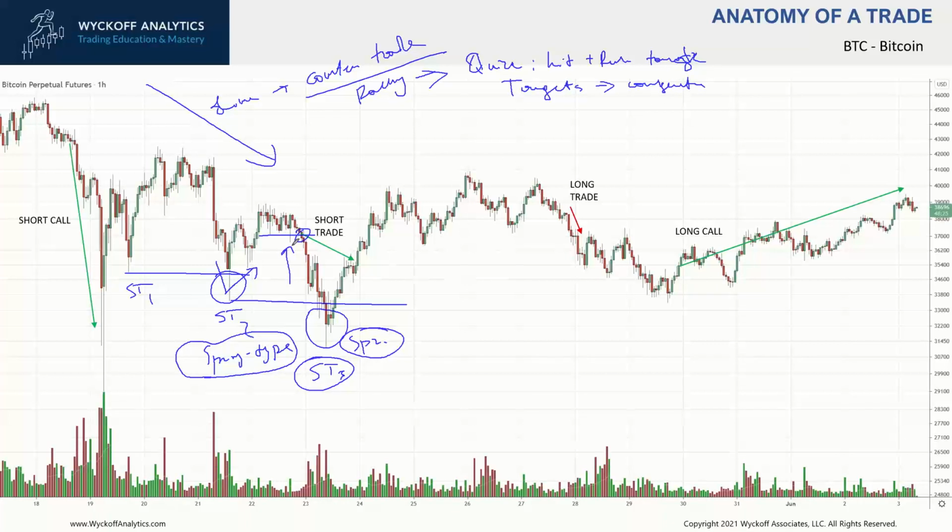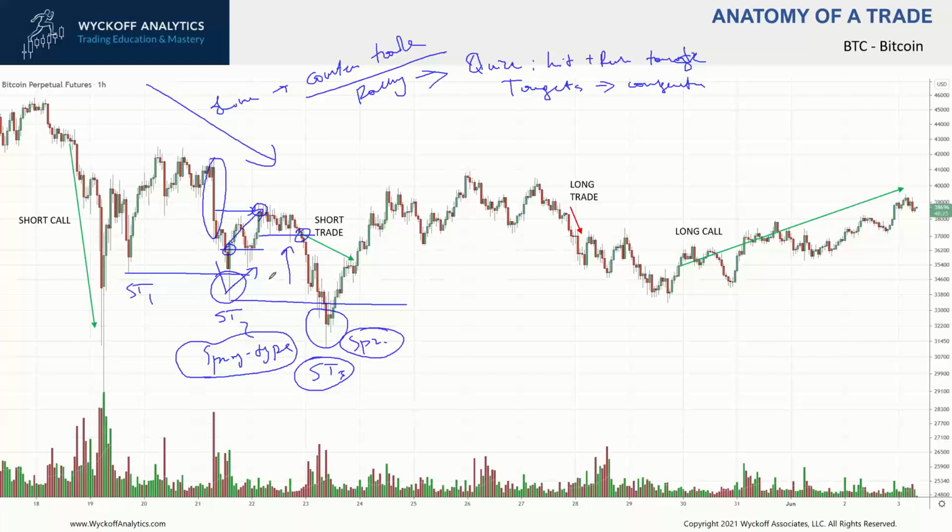And at the first signs of the stop in action, supply, you're going to get out. So you could potentially have a trade here. For instance, overcoming this last bar to the downside, and then seeing how the price goes into this bar right here. And when you see the bar with the supply, you just get out.